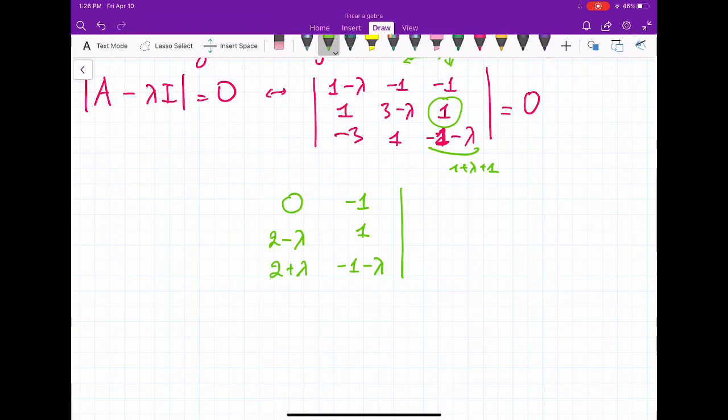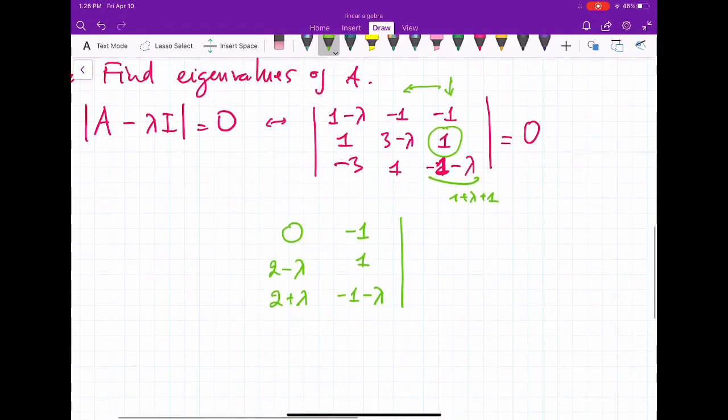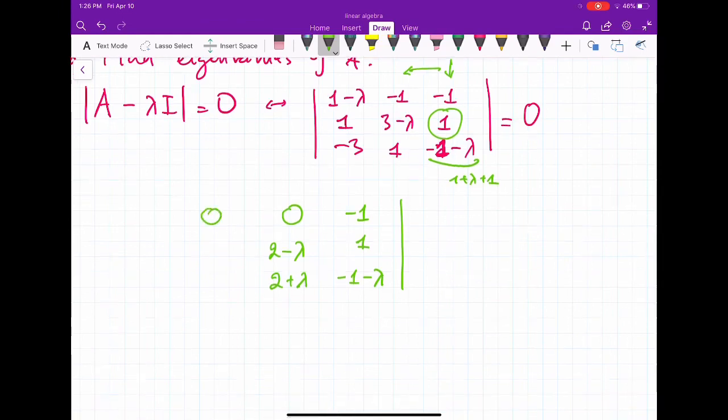And then I multiply the third row with 1 minus lambda, add to the first, the third column. So I have 0 right here, and 1 with 1 minus lambda plus 1 is 2 minus lambda, and then -1 minus lambda times 1 minus lambda, right, and minus 3.